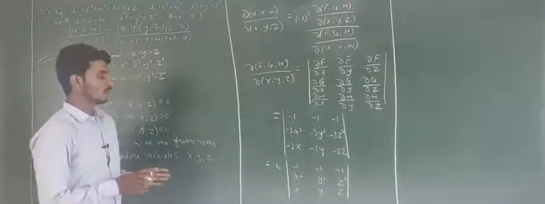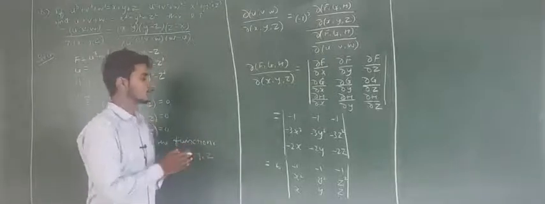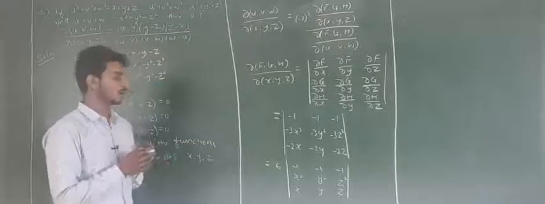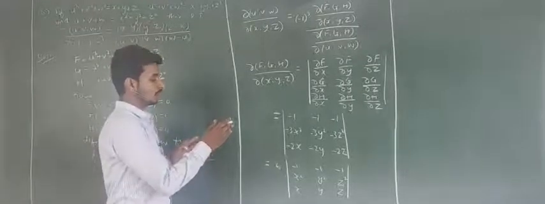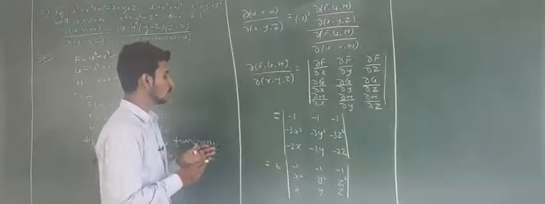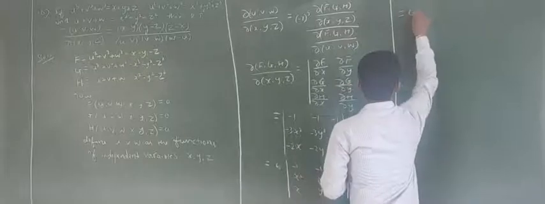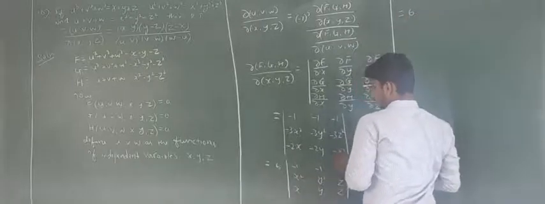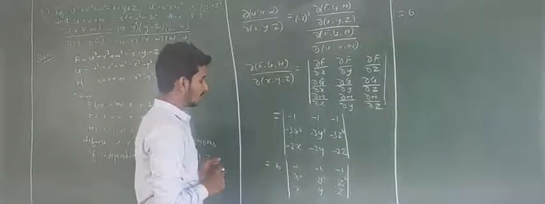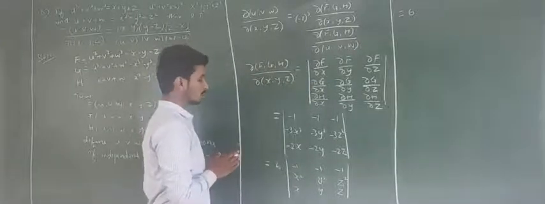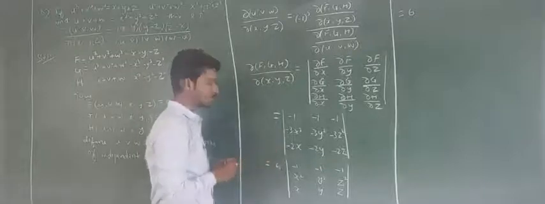Now we have to expand the determinant to get the values. Before expanding, we will perform some elementary transformations here, which is equal to 6. We can perform column transformation so that we can reduce some of the values, which will be easy to expand.